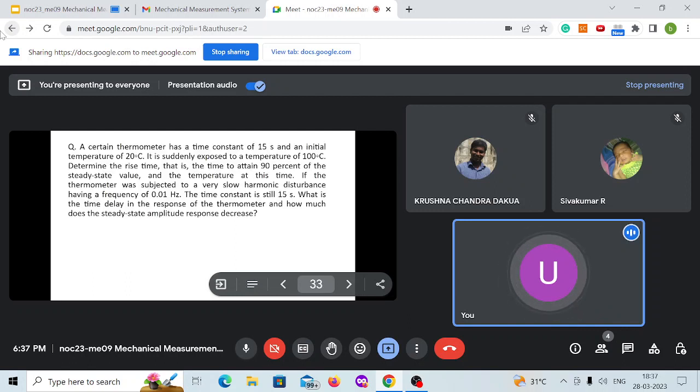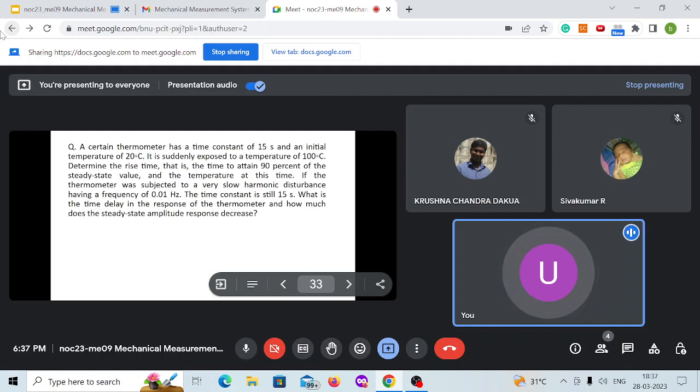So moving on to the next question. A certain thermometer has a time constant of 15 seconds and an initial temperature of 20 degrees Celsius. It is suddenly exposed to a temperature of 100 degrees Celsius, so this is a step input.